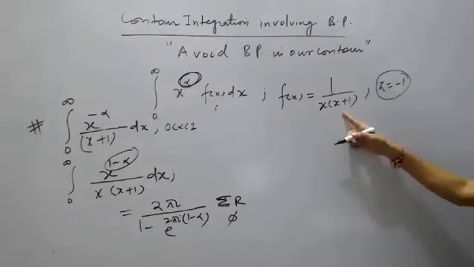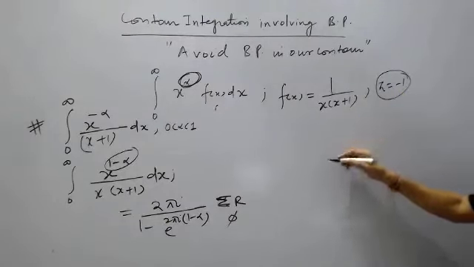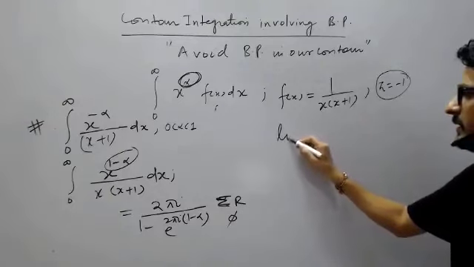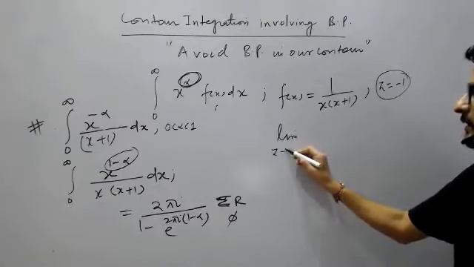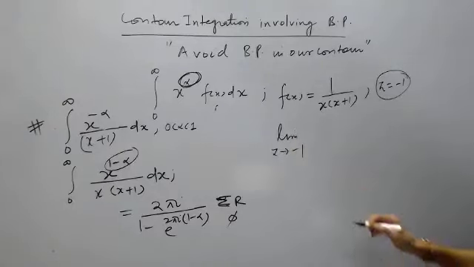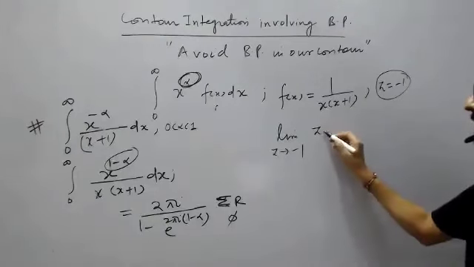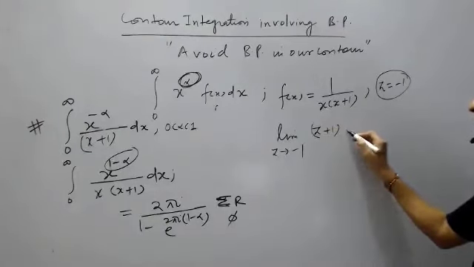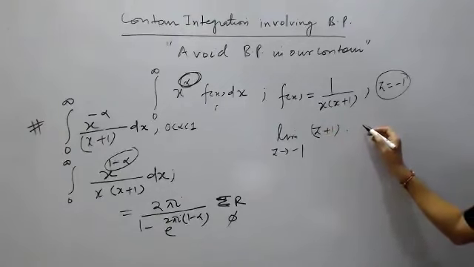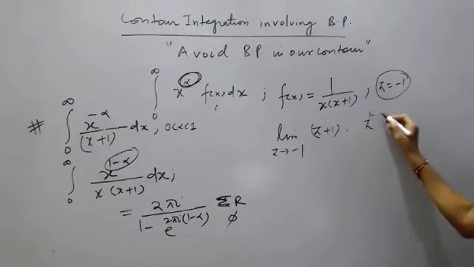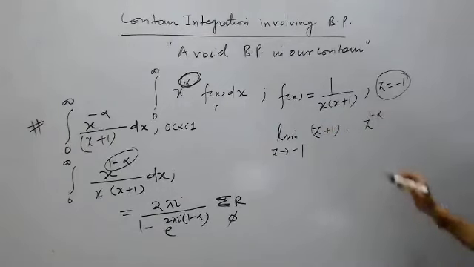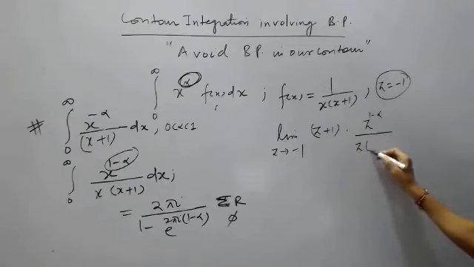So calculate the limit z tending towards minus 1 of (z plus 1) into z to the power minus 1 minus alpha over z plus 1.